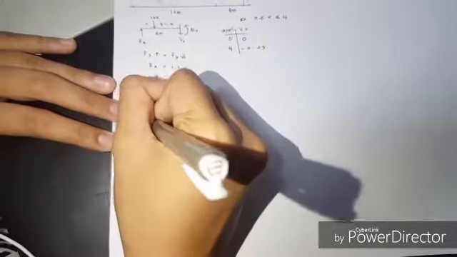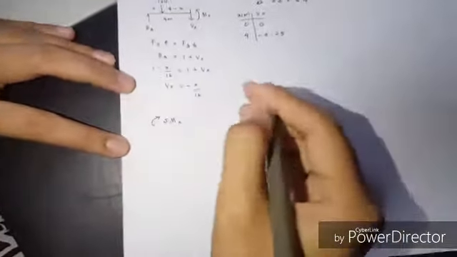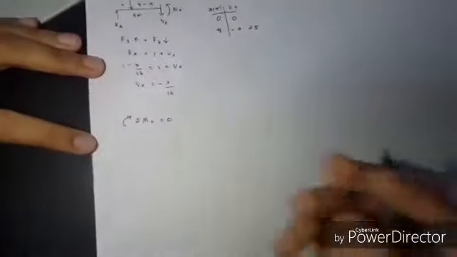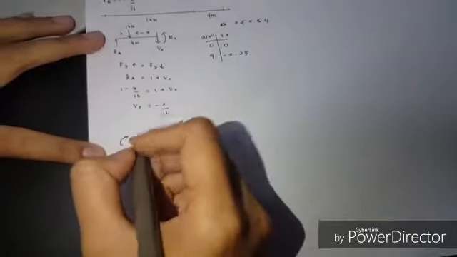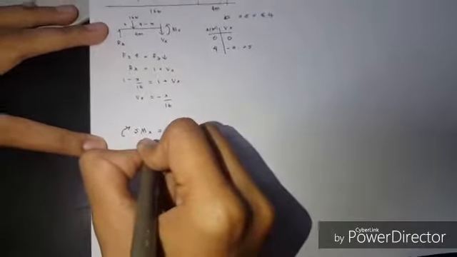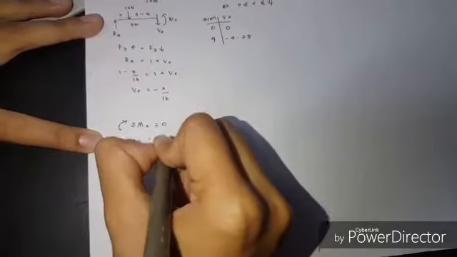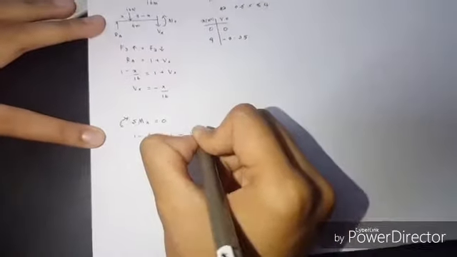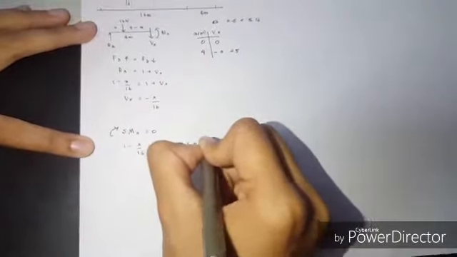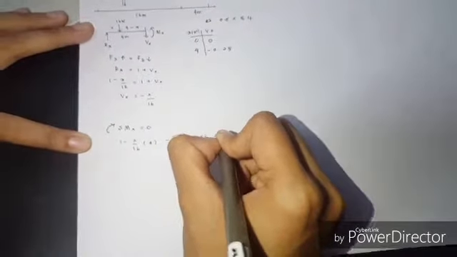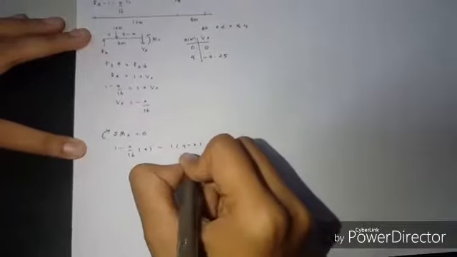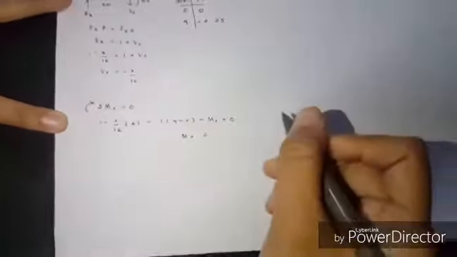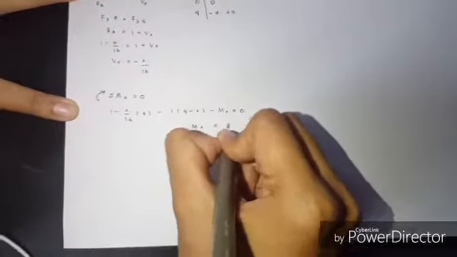Okay, for the moment, by using the moment equation, moment at x equals 0, we get RA times 4, where RA equals 1 minus x over 16, times 4, minus 1 kilonewton times 4 minus x, minus Mx equals 0. So we get Mx equals 3 over 4 x.